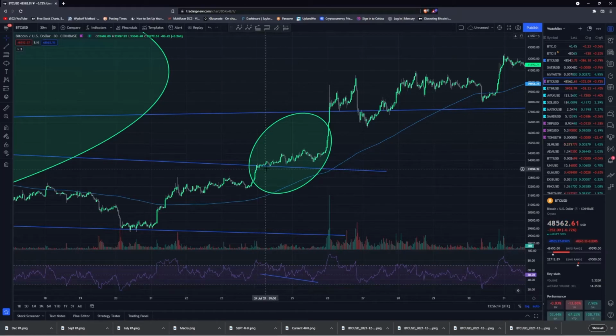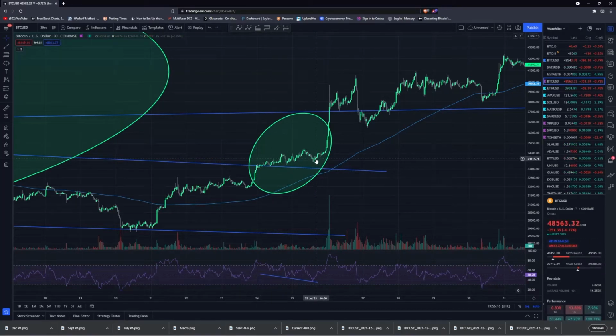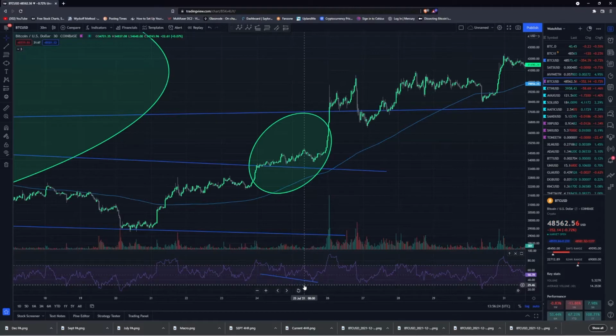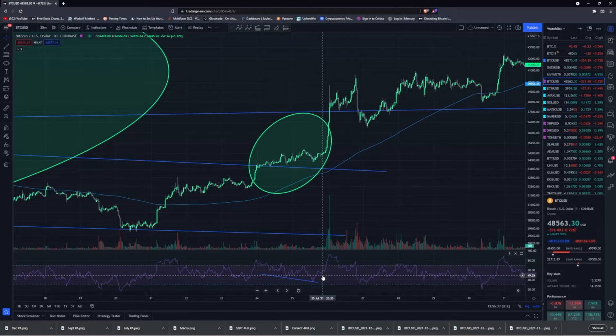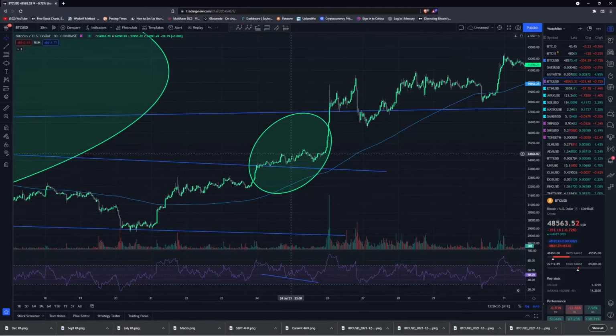Even though we're making higher lows in price, we're making lower lows on the RSI, and this is not bearish. This is actually bullish, giving us more of a runway to move when we move to the upside. And you see here, that's exactly what happened. We had tons of room to run on this impulse move up.